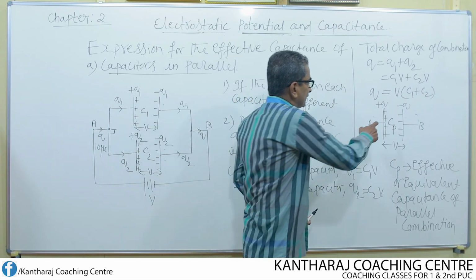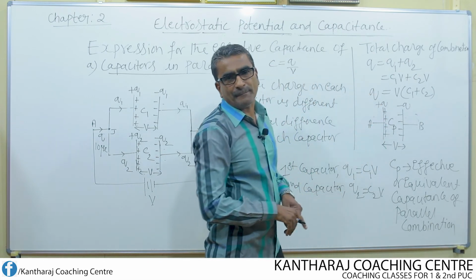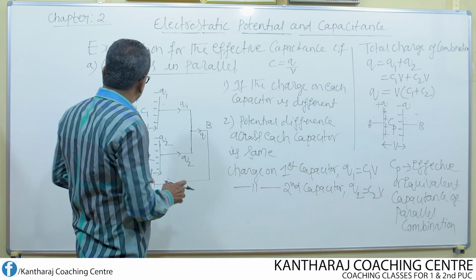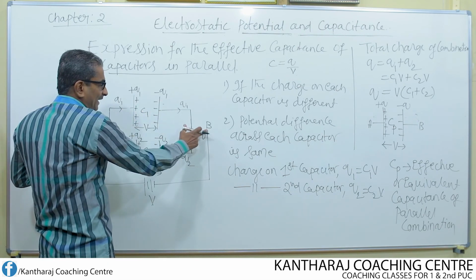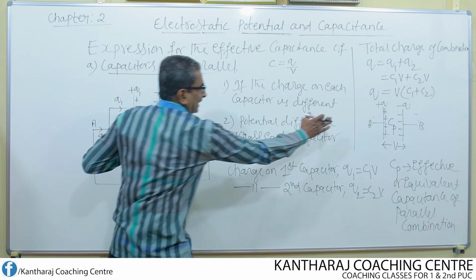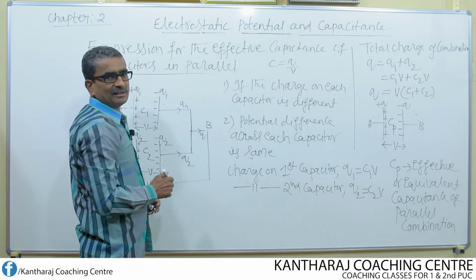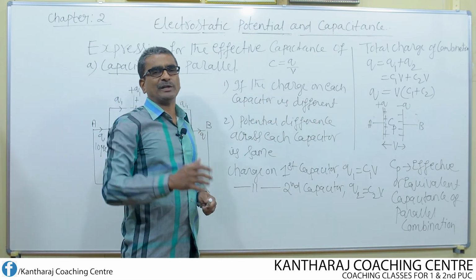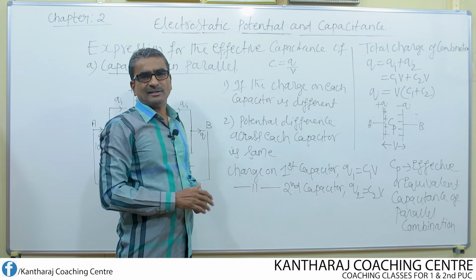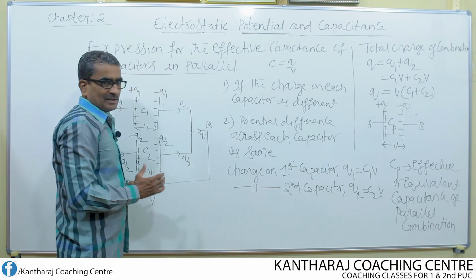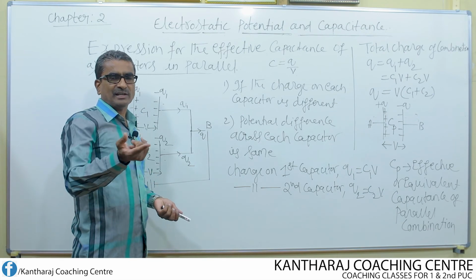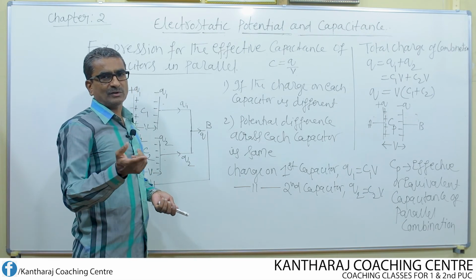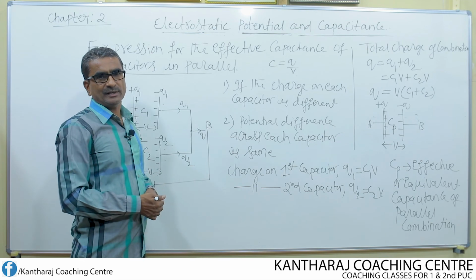So, C for effective and P for parallel. That means I remove two capacitors, and in the place of A and B, instead of two, I connect this single capacitor. Same example you can consider: instead of keeping two notes of 1 rupee each, we can keep only one note of 2 rupees.